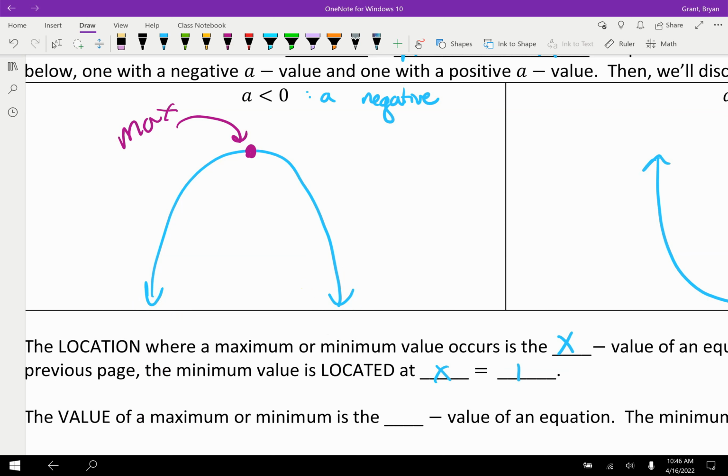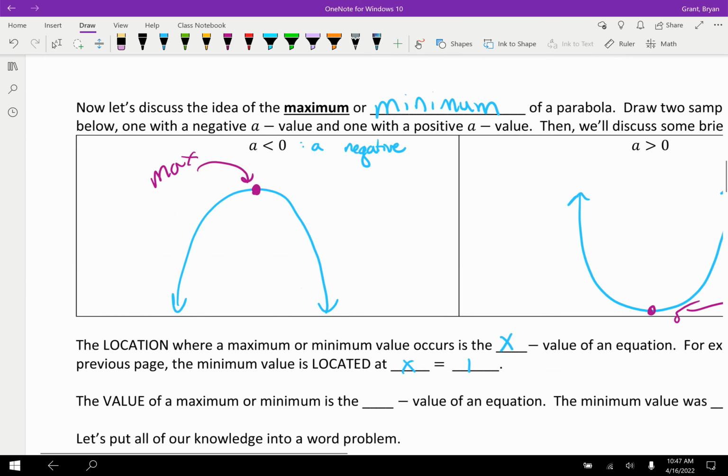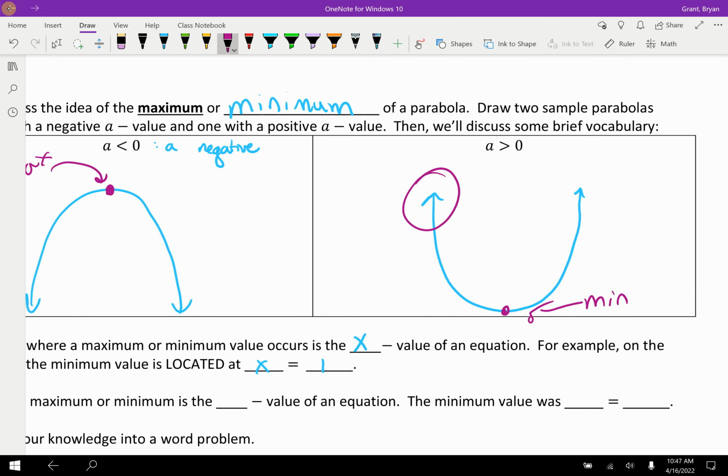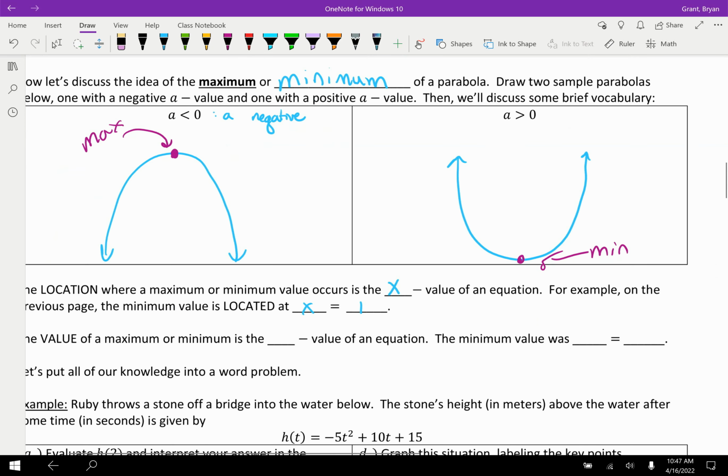But infinity isn't actually a number. Infinity just means really, really far. And so in this case, negative infinity can't be equal to the minimum. Negative infinity just means there is no minimum. It goes infinitely negative. So we don't actually say that there's a minimum. Same thing, there's no maximum here. The parabola goes up infinitely far. It doesn't reach infinity. It just keeps going forever, so there is no maximum.